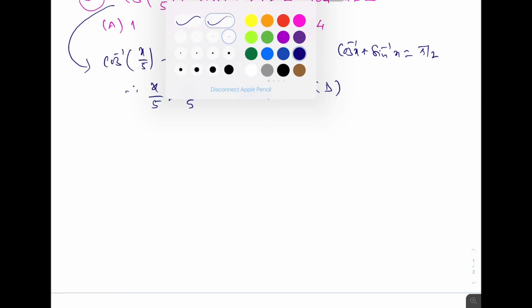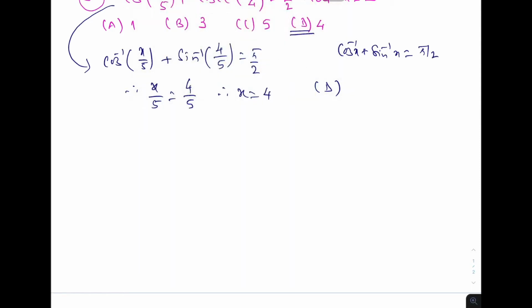Okay, let us take one more example. The question is, the value of cot of cosec inverse 5 by 3 plus tan inverse 2 by 3 is blank.